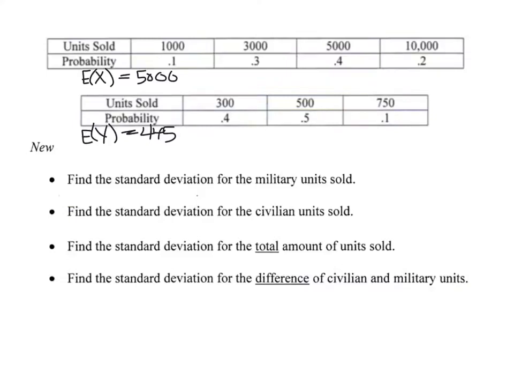Please recall our formula for standard deviation is the square root of the sum of the probabilities times x minus x bar squared. Now, I'm going to pause and just calculate this very quickly. If you need a refresher on how this calculation works, go back and watch an earlier video of how it works. Okay, I've completed the calculation.